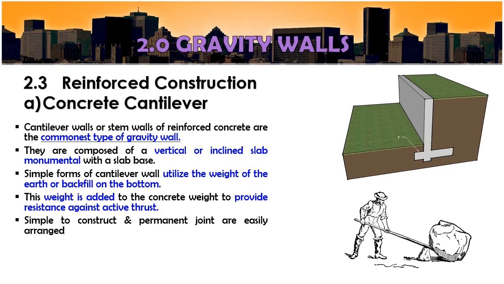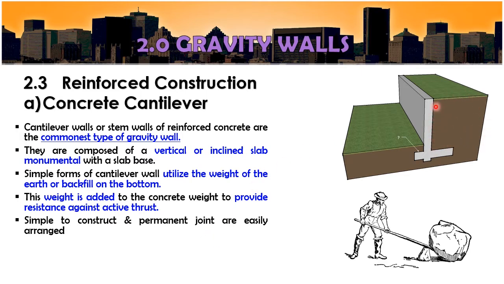Concrete cantilever walls, or stem walls of reinforced concrete, are the commonest type of gravity wall. They are composed of a vertical or inclined slab with a slab base. The simple form of cantilever wall utilizes the weight of the earth or backfill on the base.